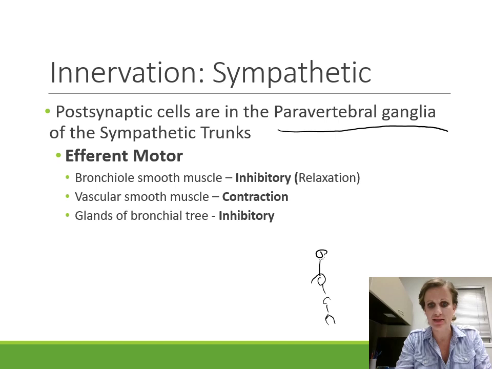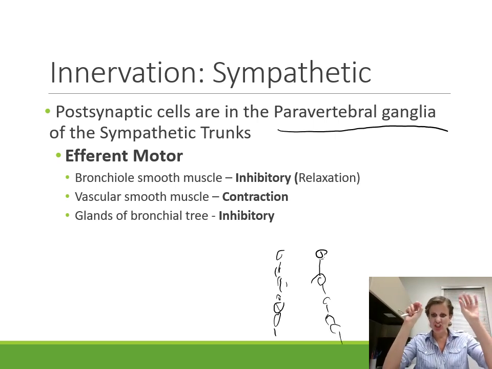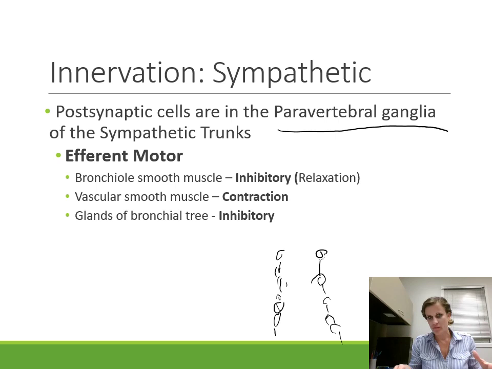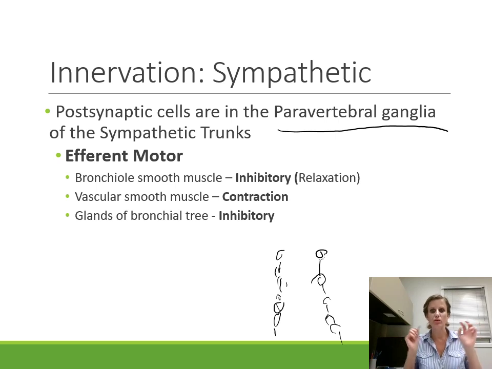They're like these lines on either side of the vertebrae of interconnected ganglia. So the postsynaptic cells are located in these sympathetic trunks, and then there are longer postsynaptic fibers that carry signals to the lungs.